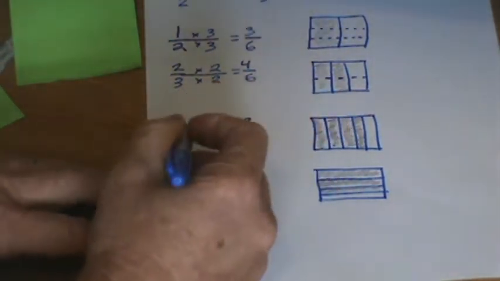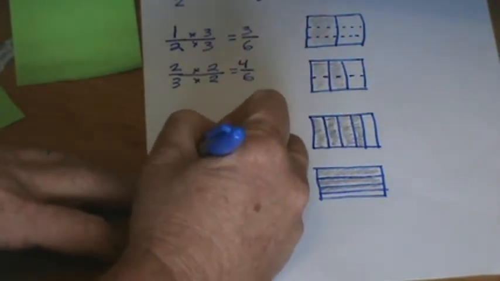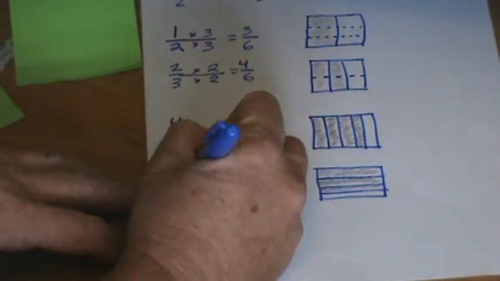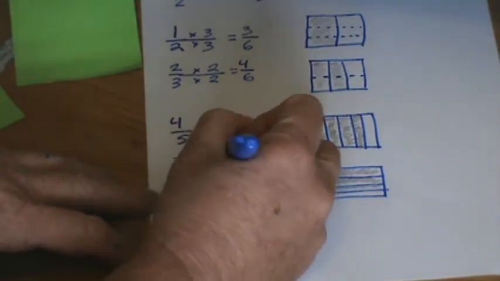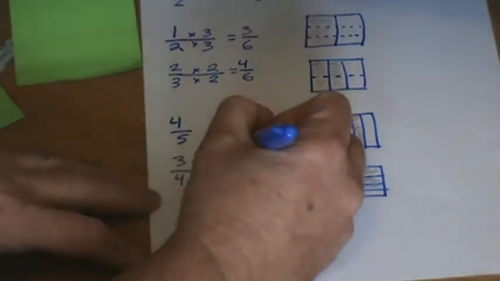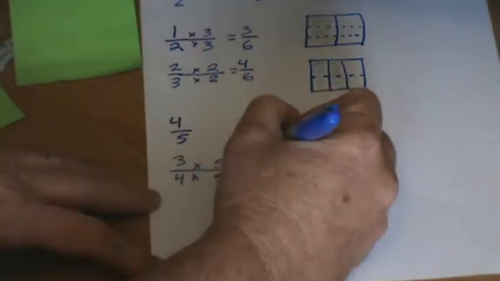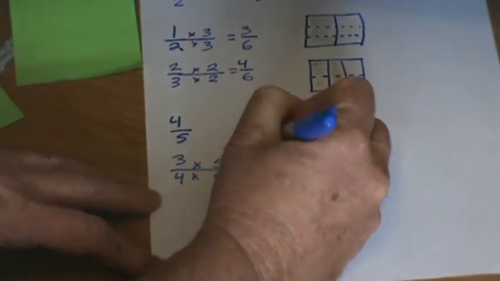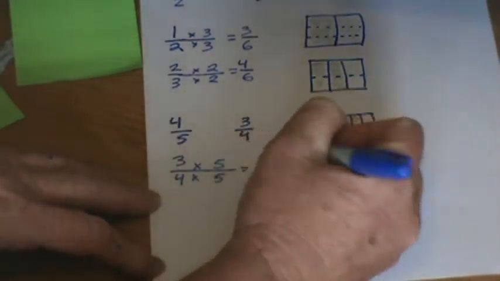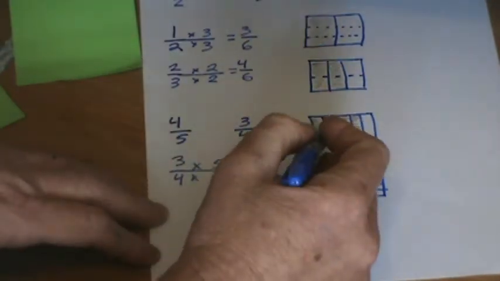We'll start with 3/4. We're going to multiply 3/4 by 5. We're not actually multiplying by 5, all we're doing is multiplying by 1, 5/5. So 3 times 5 is 15, and 4 times 5 is 20. Now I'm going to break this up into 20ths.